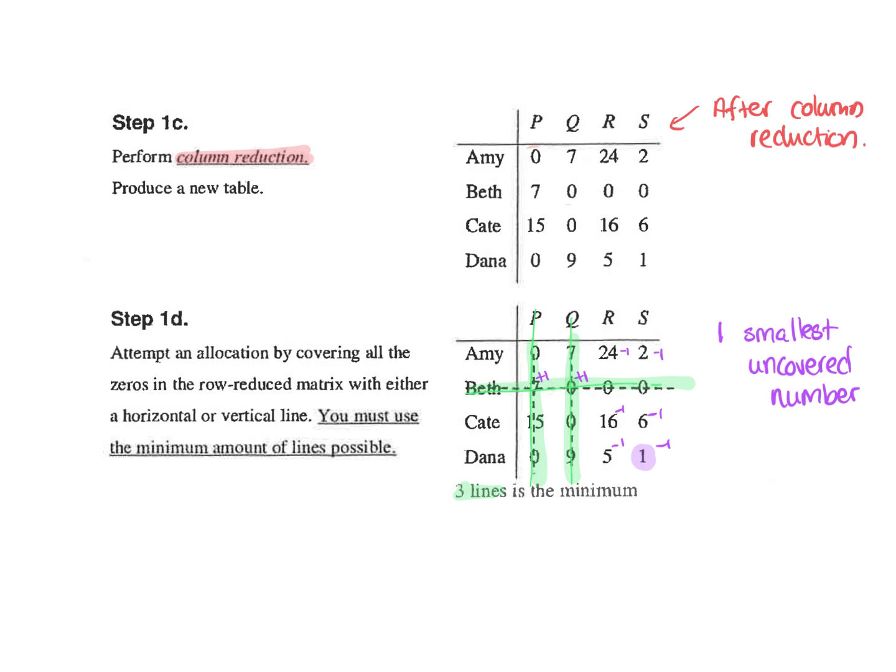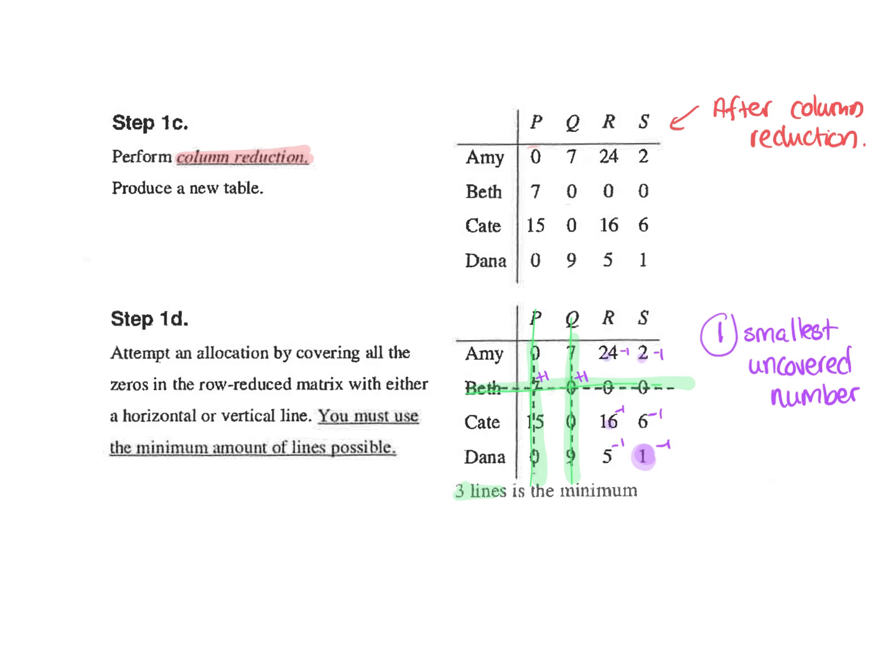For the next step, you take the smallest uncovered number. We've done those lines, those green lines. Of all the numbers that aren't covered, 1 is the smallest, and I've highlighted that. That's the smallest uncovered number. We take it away from all the uncovered numbers.